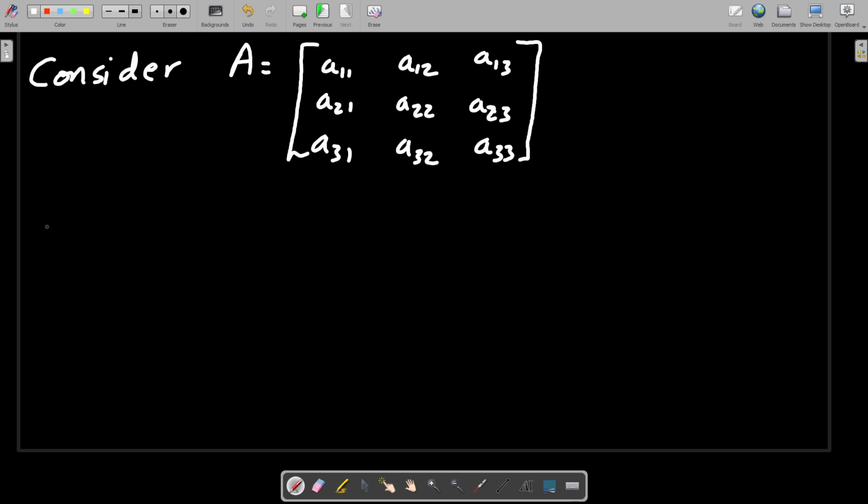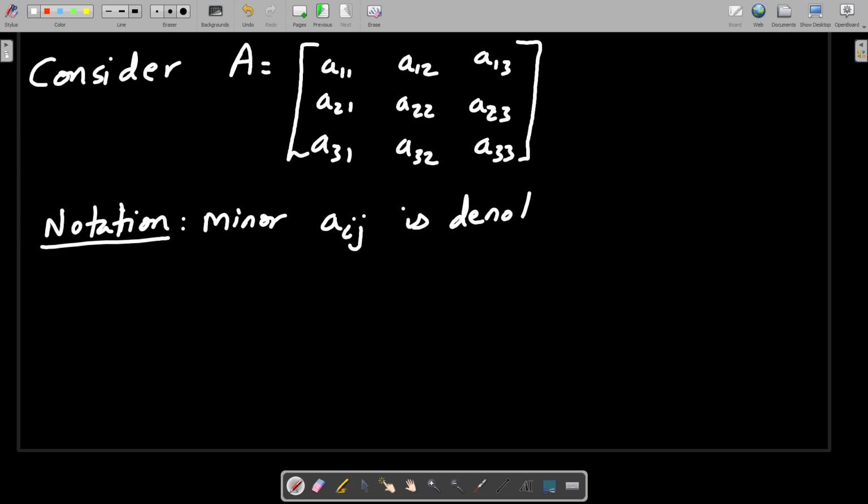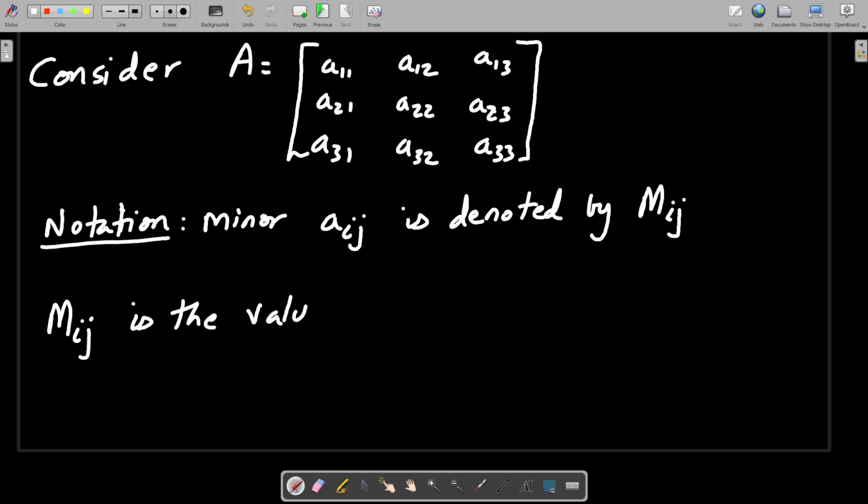Just a notation. Minor of Aij is denoted by Mij.